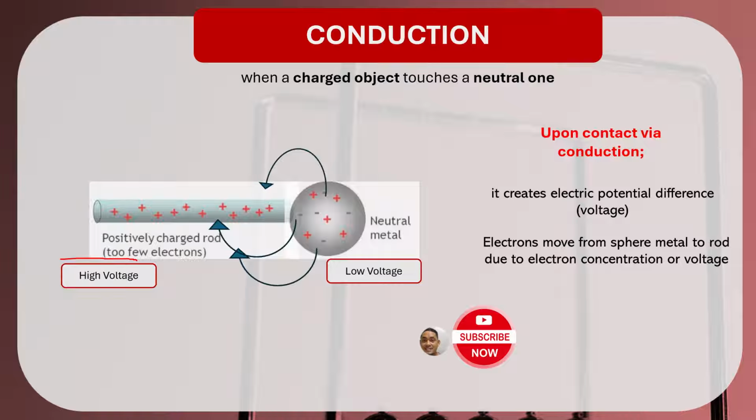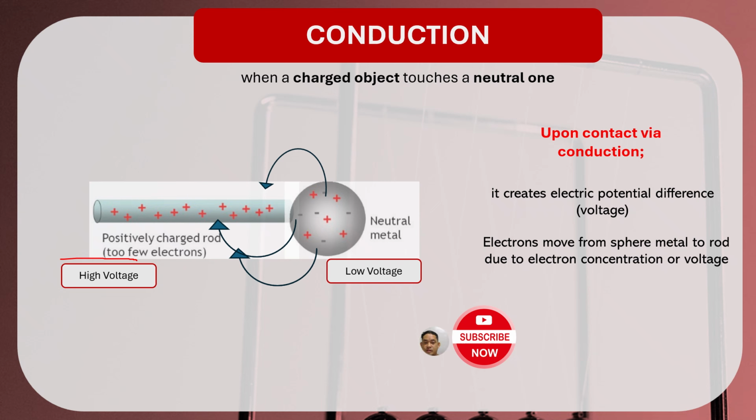Remember, electrons move from high to low. So the neutral metal contains high electrons, although the image doesn't say so. But since it labeled the charged rod as having few electrons, the neutral metal has more electrons than the positively charged rod.